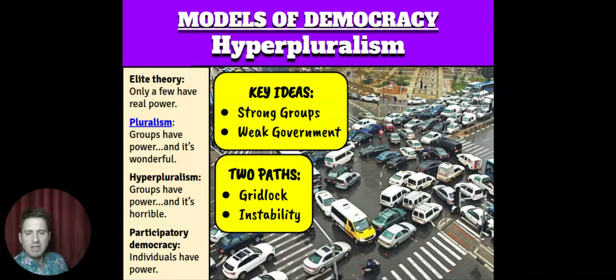Or we get instability going back and forth as soon as a new group has power. So policy that is unstable. Think about this. See if you can think of an example where either nothing's getting done because competition makes things freeze up, or where you see policy going back and forth because different groups take power and influence government.